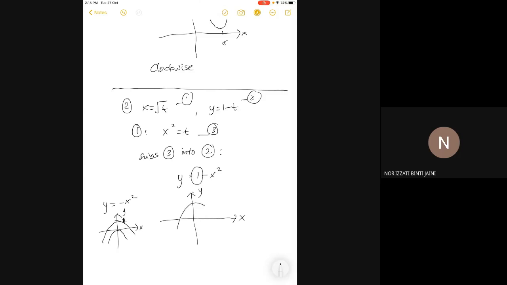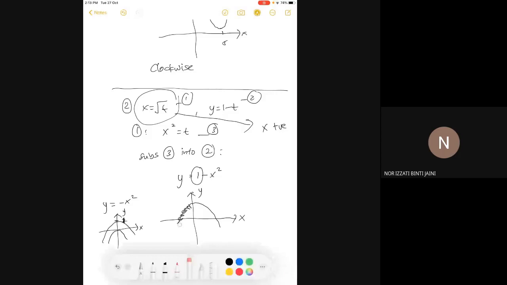Tetapi kita ada x, which is x will only take a value of positive value. Okay, why? Because t cannot be negative kan, square root cannot be negative. So awak tak perlu lukis belah sini ni. Sebab tu jawapan dia tak lukis belah sini. Okay, you only sketch the positive value due to you have a square root t here.